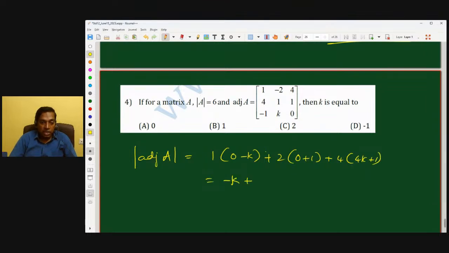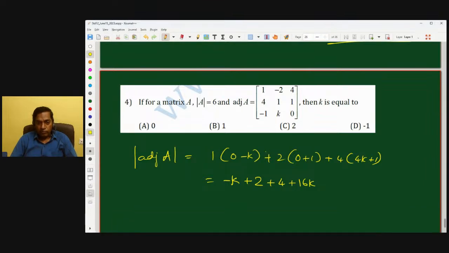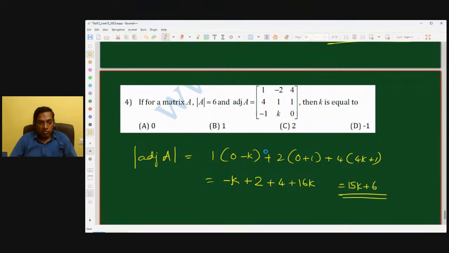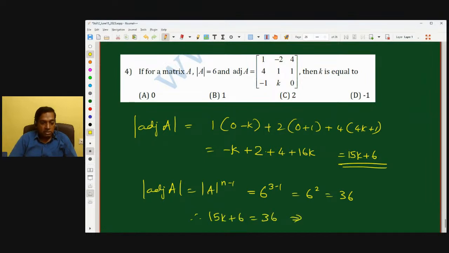So it's minus k plus 2 plus 4 plus 16k, which is 15k plus 6. Now determinant of adjoint A is determinant A whole power n minus 1, which is 6 power 3 minus 1, which is 36. Therefore 15k plus 6 is 36. So 15k is 30, which means k is equal to 2. Option C is the correct answer.